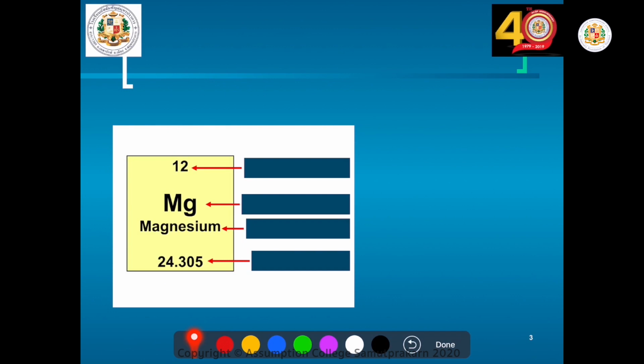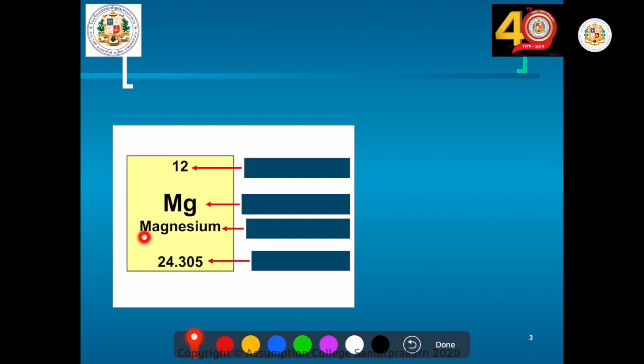There are other elements, and each of them is represented by their own block in the periodic table. So we have one for carbon, oxygen, nitrogen, hydrogen, iron, and many others. You can just look at your periodic table.